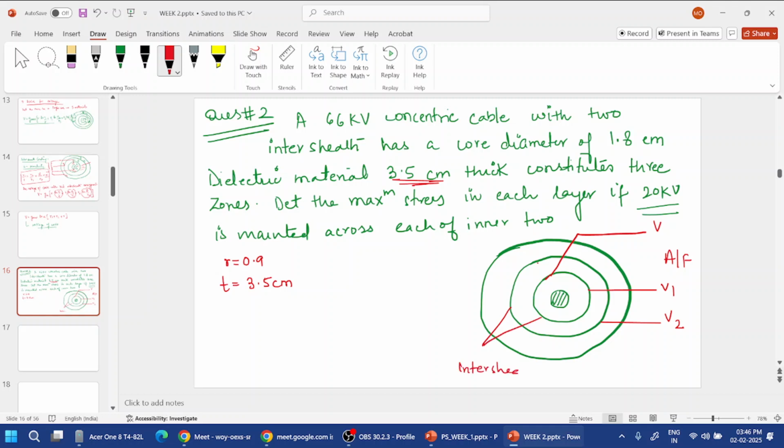I will wait for a minute. You can write the answer in the chat box. We have to find the stresses G1 max, G2 max and G3 max at these surfaces, where G1 is here, G2 is here, and G3 is here.